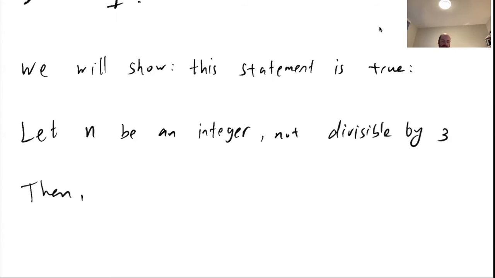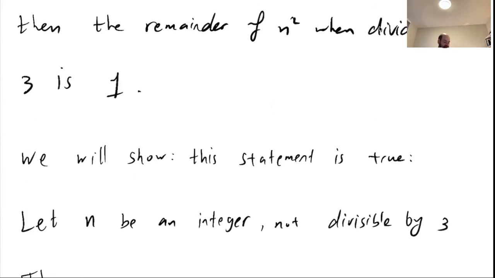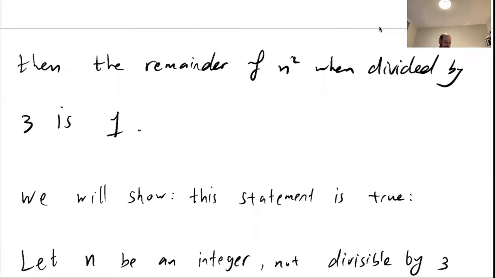Then, in the middle, remember, I have to do some reasoning or calculations. At the end, I have to show that n squared has remainder 1 when divided by 3.